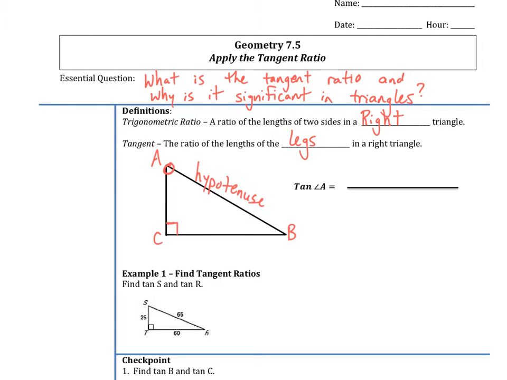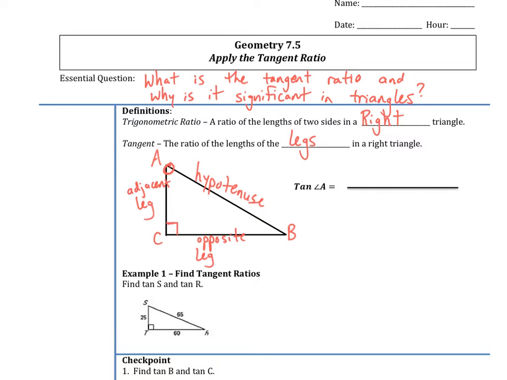There is an opposite leg. And there is an adjacent leg. So there's hypotenuse, opposite leg, and adjacent leg.